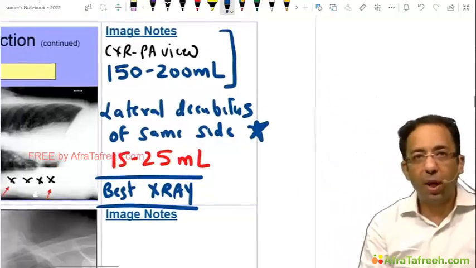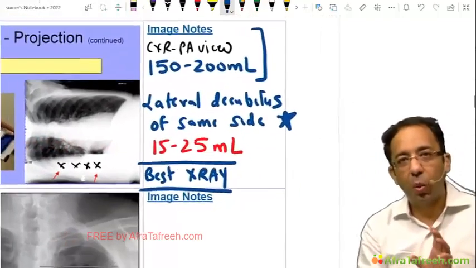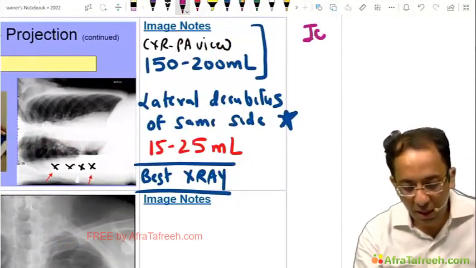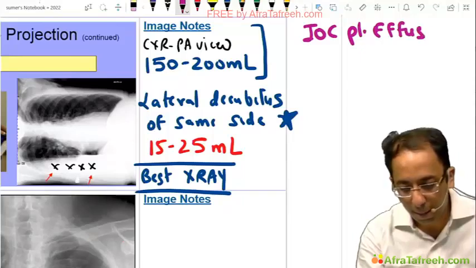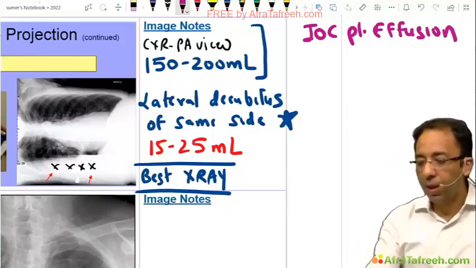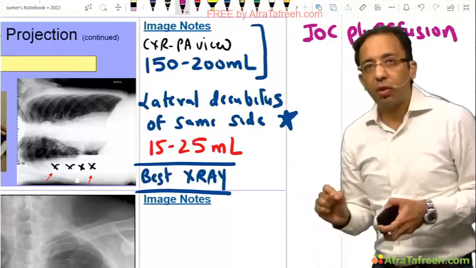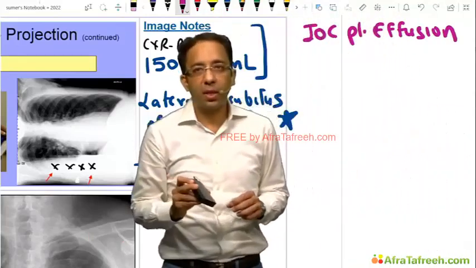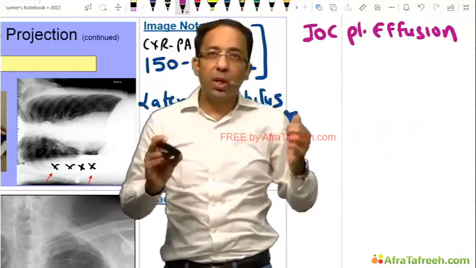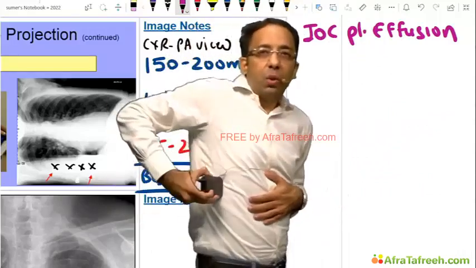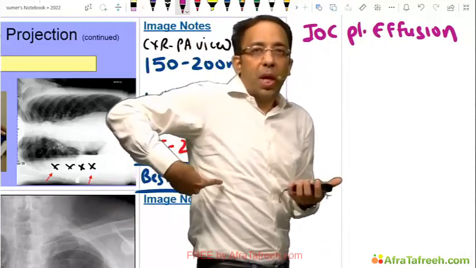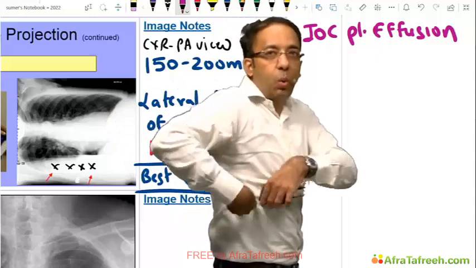Clear? But an important thing nowadays to remember for all of you is, if they say investigation of choice for pleural effusion, then it is becoming so easy nowadays that we do an ultrasound of the chest, we see if there is any effusion, you take a needle, ultrasound guided, and do a tap.